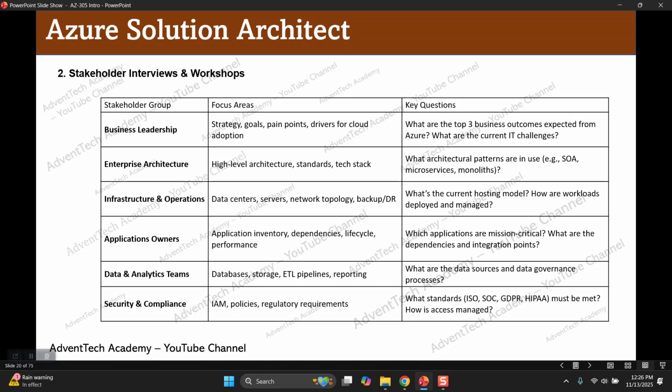How is access managed? As a solution architect, we need to connect with the respective key stakeholders, gather as much information as possible that will help us to make decisions or design and implement infrastructures.